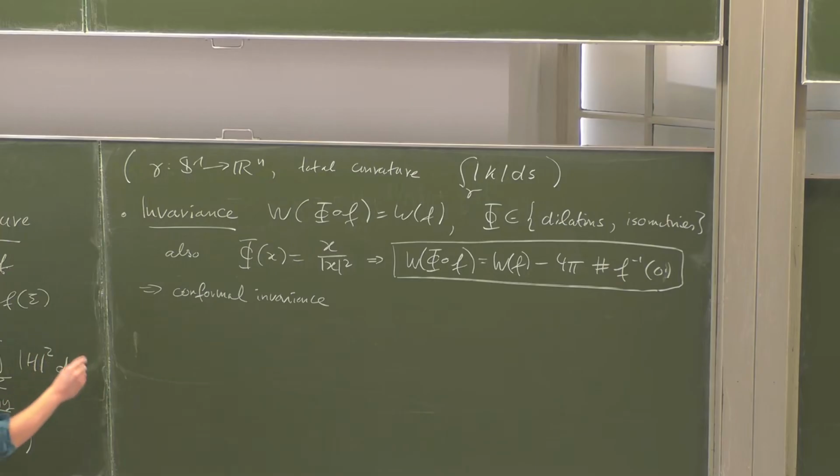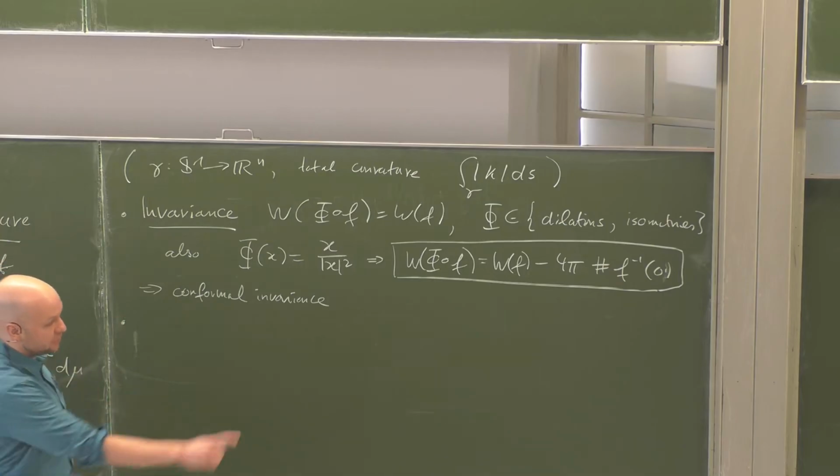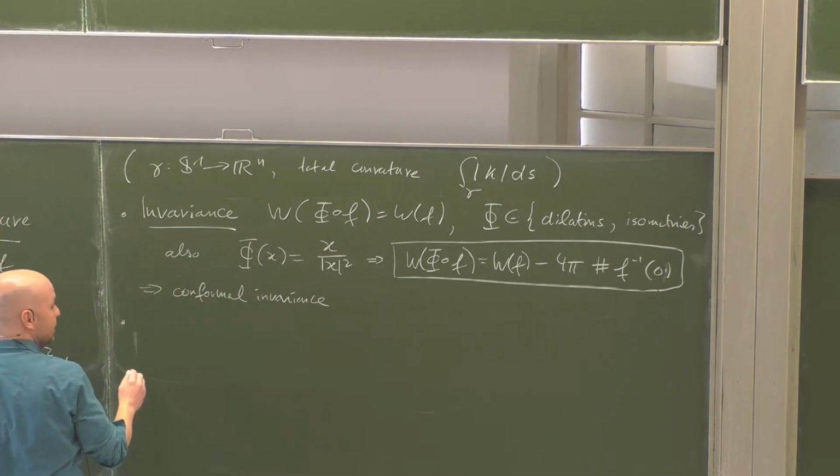Okay, let's deduce 2 important properties from this boxed identity here.